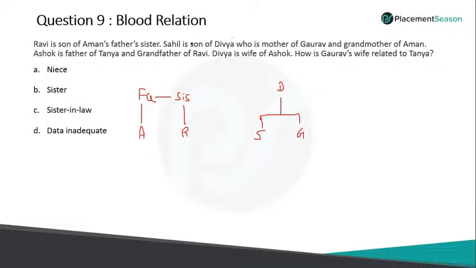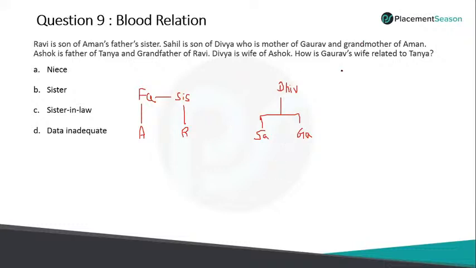And Sahil is the son of Divya, who is the mother of Gaurav and grandmother of Aman. So Divya is the grandmother of what? Aman. So S is Sahil and G is Gaurav. Write the second letter, it'll be easy to understand.